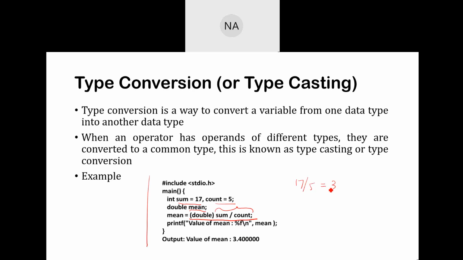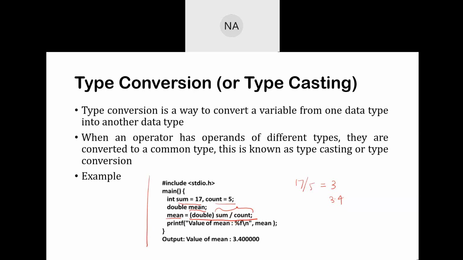But you are collecting this output in the mean variable, which is of type double, so you want some values after the decimal place. If you divide 17 by 5, the correct result is 3.4. So you must convert the output of sum over count into a double. How can you do that?